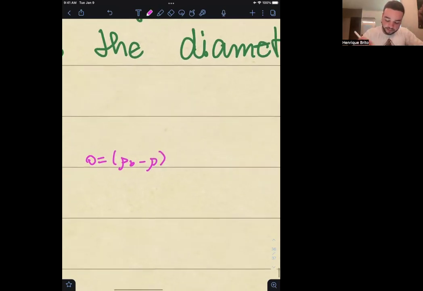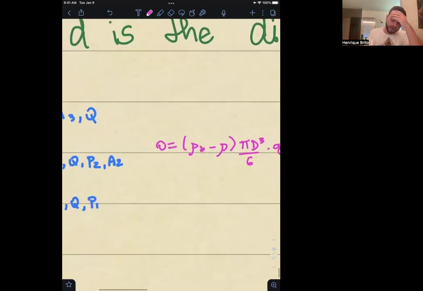The volume, in this case I think it's pi d cubed over 6, and this is all times gravity. Besides that, we also have the pressure.